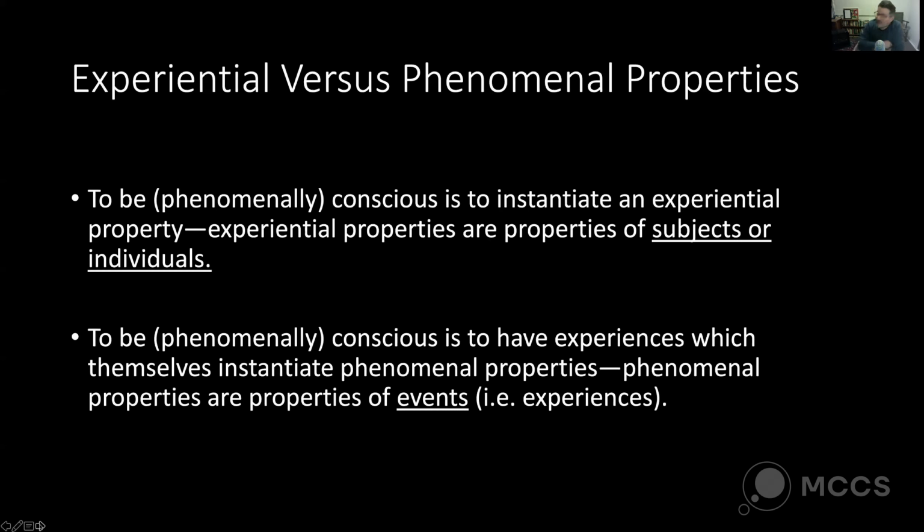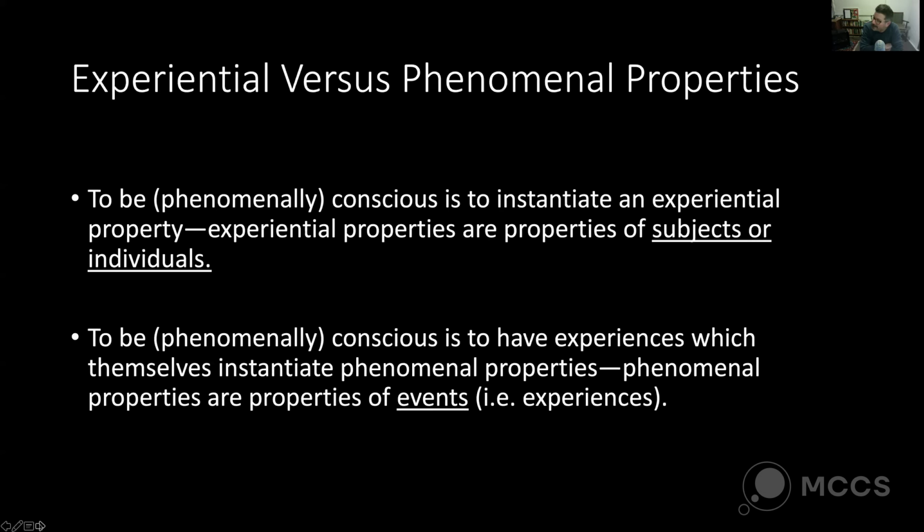One further thing, what is an example of a phenomenal property? In the case of an experiential property, it's relatively easy to give examples. You know, an experiential property is like having a pain in your foot, imagining an elephant, perceiving a red thing. These are experiential properties. In the case of phenomenal properties, it's much harder.